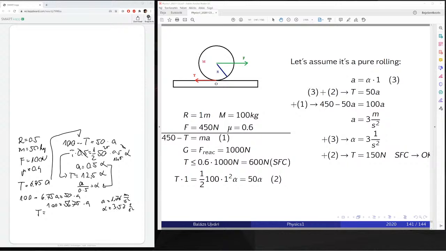Let's see. T is, no, I had two different values for T. Just a minute, I'll correct myself.